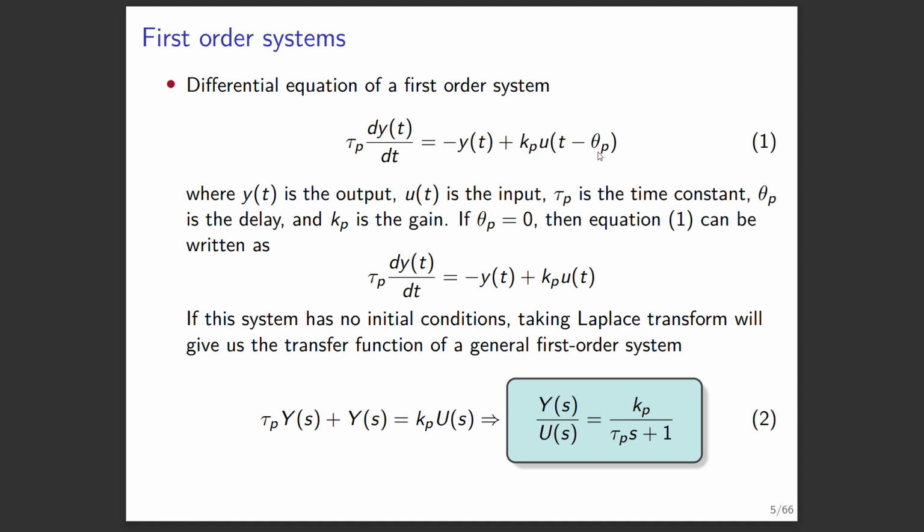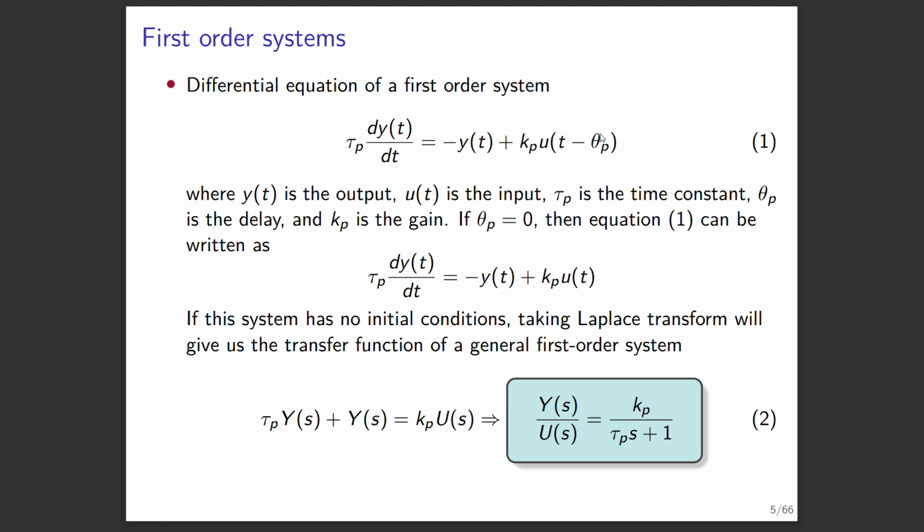So when you see a first order system, these are just going to be numbers. So what is tau, what is k, and what is theta? Theta is the delay. For the rest of this course, we assume there is no delay. What does delay mean? Meaning that if I give an input, the output appears with some delay.